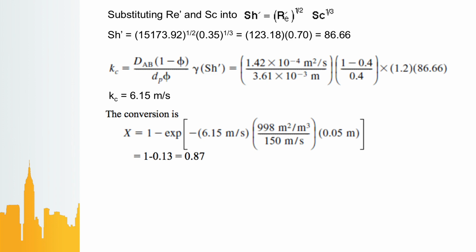So the Kc from this calculation is 6.15. Then we apply this Kc into equation 11-64 to get the conversion at a reactor length of 0.05 meter. So the final conversion using Kc determined from Thoenes and Kramers is 0.87%.